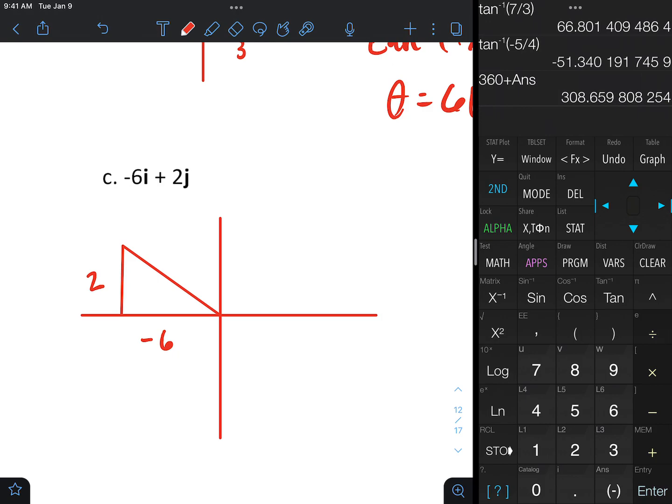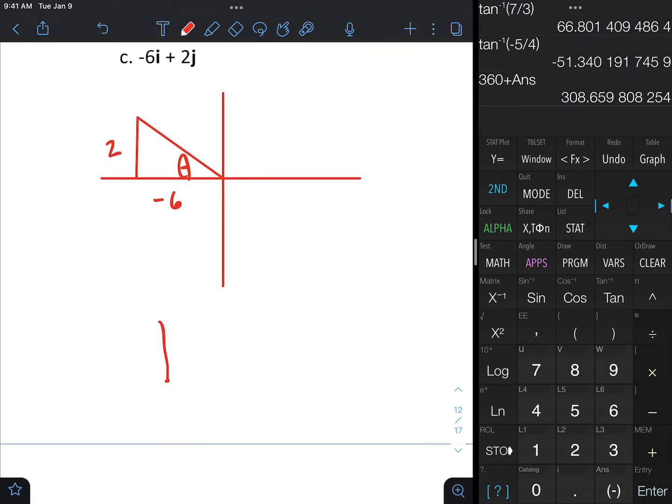Now if you do tangent inverse with those, you're going to get a negative angle. So when they're in different quadrants, it might be a good idea to sketch it out with the positive versions, find your angle, and then tie that back to how many degrees you're rotating from the x-axis. That's probably the way I would approach it.